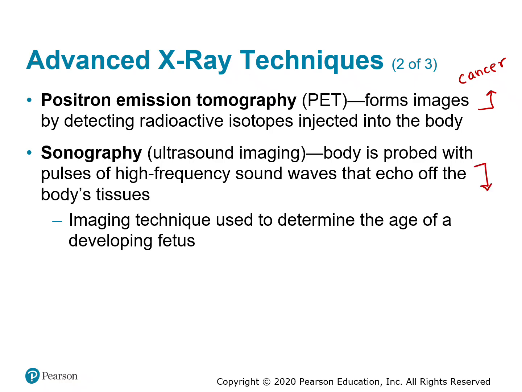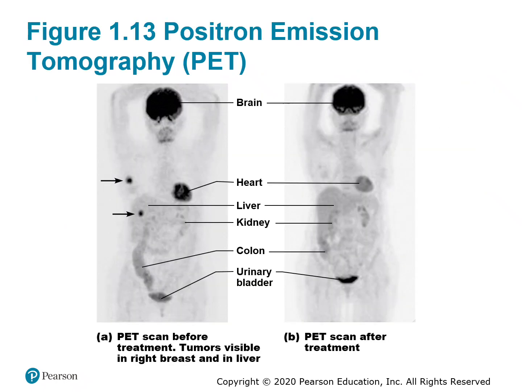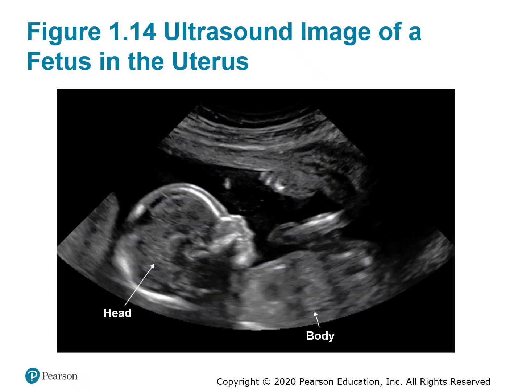And then sonography, ultrasound, just uses waves moving through water to produce an image. Anytime you go to the doctor, if you're pregnant, anything like that, you'll get an ultrasound. You can get ultrasounds for all kinds of other stuff. You don't have to be pregnant. PET scan, PET scan. Ultrasound, ultrasound.